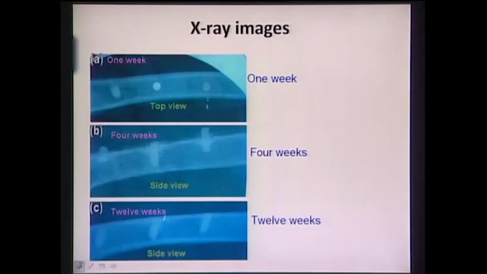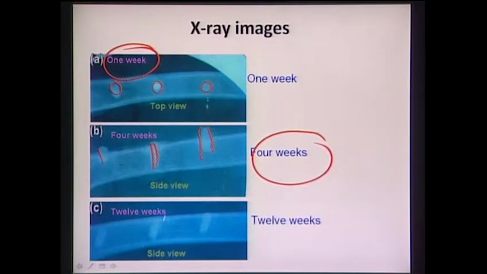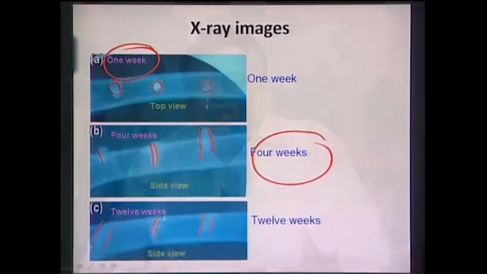Now, after 1 week, these are the X-ray images. What you can see in these X-ray images is your sample, you can clearly see your samples, that is your hydroxyapatite, mullite or whatever samples they are. After 4 weeks, you can clearly see the samples here, and after 12 weeks, you can see the samples are almost the same size. What it means is that there is no visible in vivo degradation of the samples.